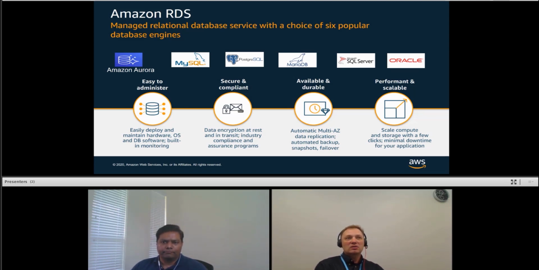Amazon Aurora is another engine that is supported by RDS, and I see a lot of confusion in the field. Some folks are under the impression that Aurora is not part of RDS. This is not true. Aurora is just another RDS engine that happens to be our own. And Amazon Aurora comes in two flavors: MySQL flavor and Postgres flavor.